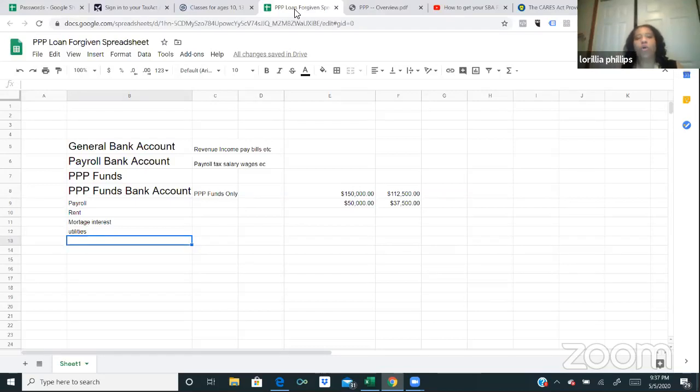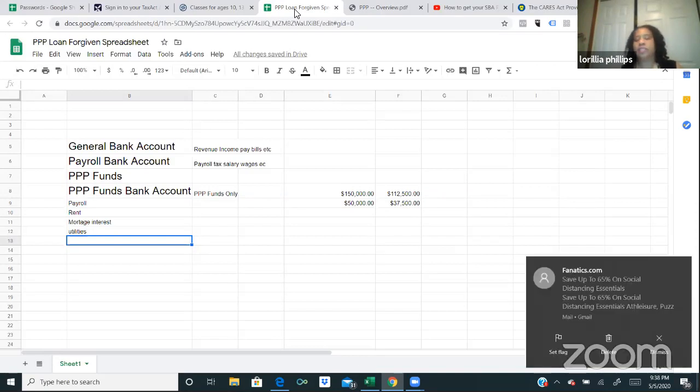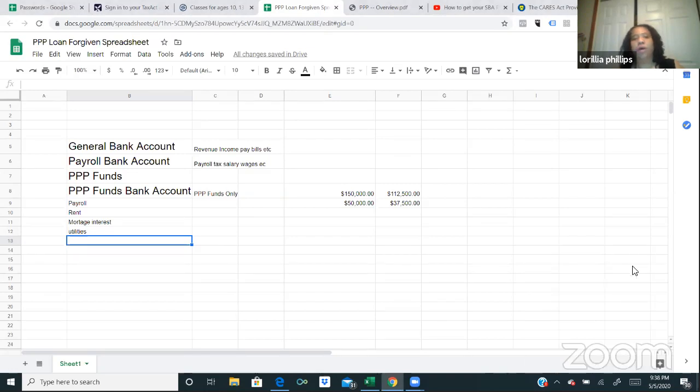But remember, our goal is to get it fully forgiven, so we know 75% or more has to be used for payroll. It all can't go 75% to rent, or 75% of utilities, or 75% to mortgage interest.